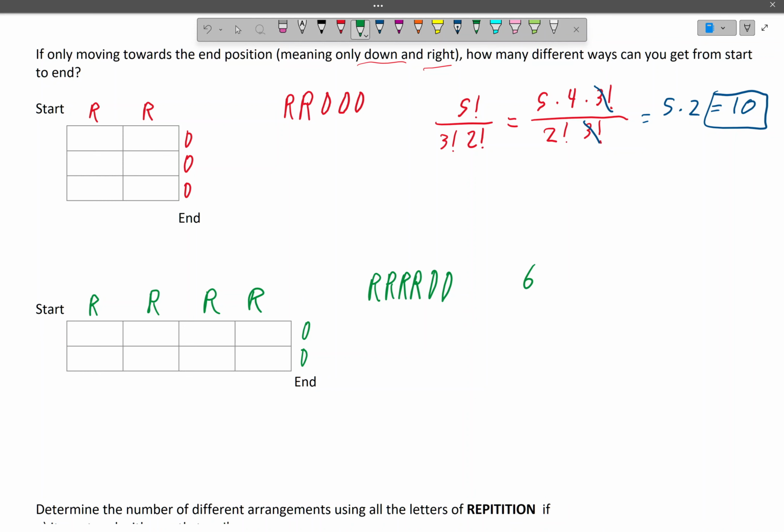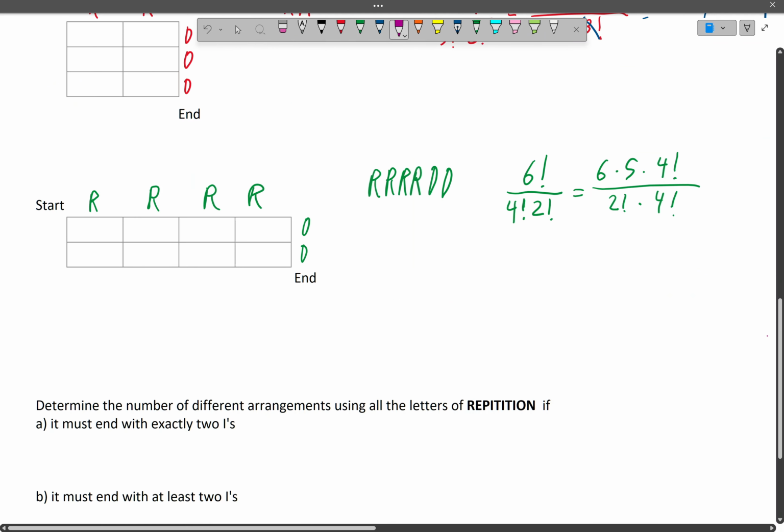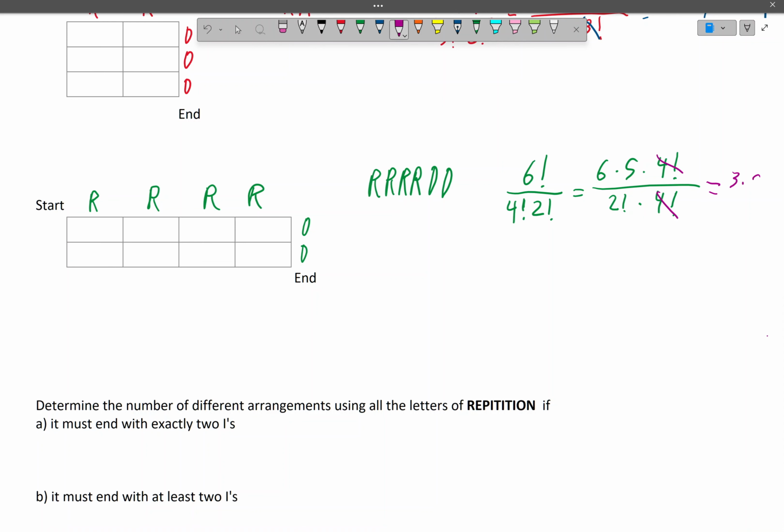And so we're going to have 6 factorial over 4 factorial, 2 factorial, which is going to be 6 times 5 times 4 factorial over 2 factorial times 4 factorial. You're going to notice the 4 factorials cancel, and the 2 actually will simplify the 6 a little bit. So it's 3 times 5, or 15.